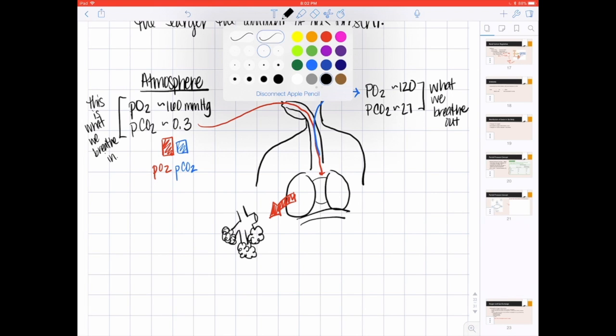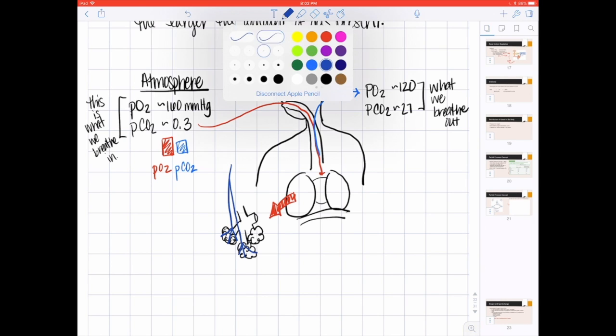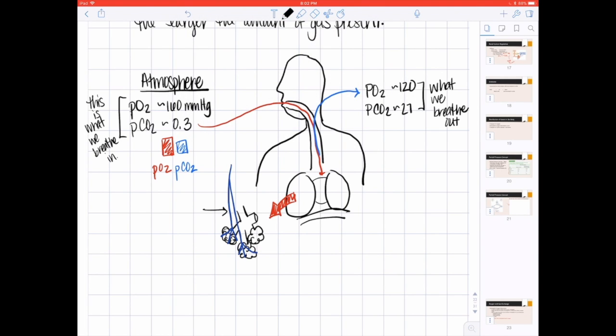And then we've got the pulmonary artery, which is going to take deoxygenated blood and deliver it to the alveoli. So this is our pulmonary artery, and it's going to deliver deoxygenated blood to alveoli.